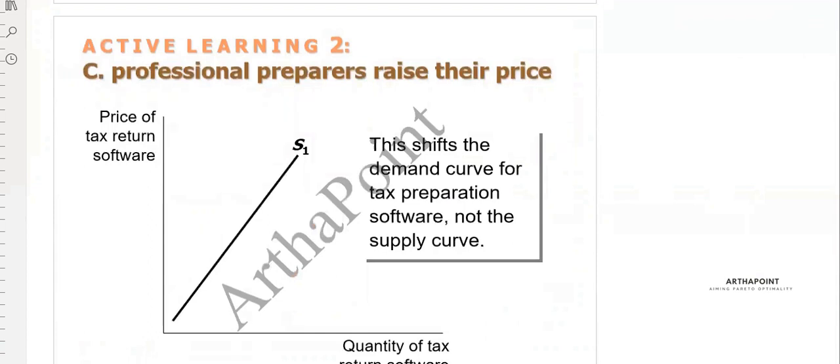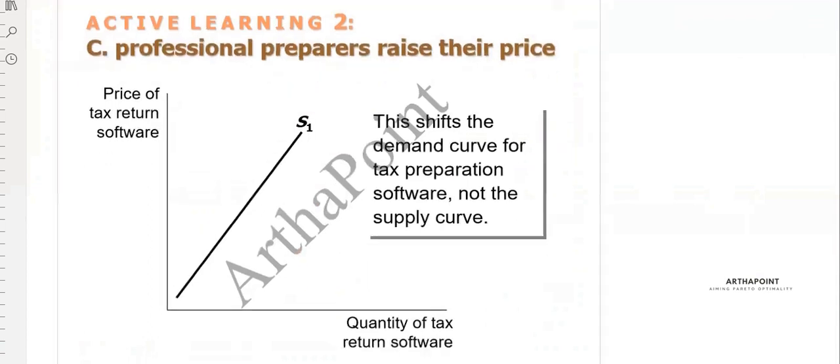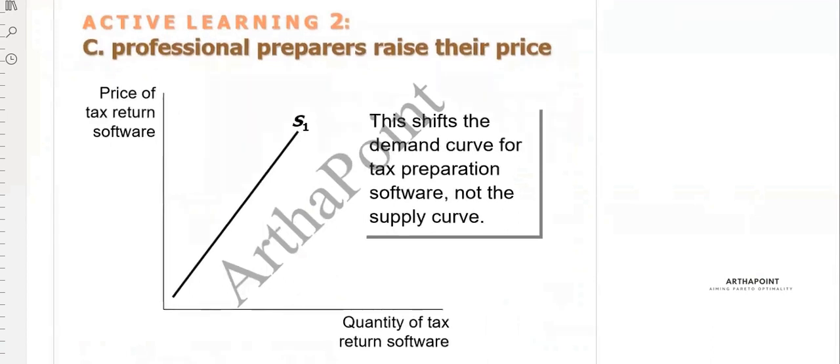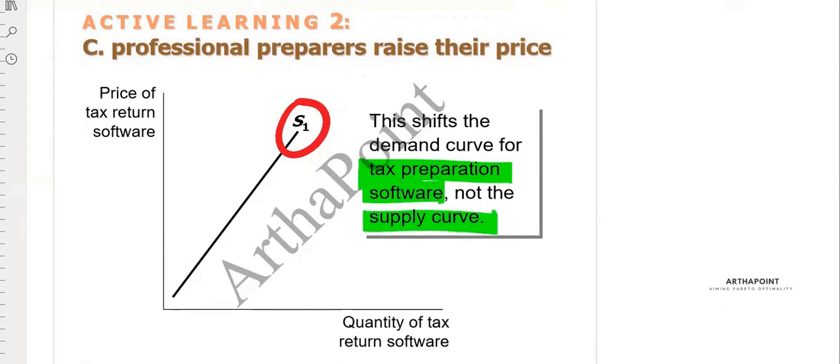The people providing the service of preparing returns are basically not related to your software. This is not going to change the supply curve at all. What is going to happen in this case? It is going to affect the demand curve. For tax preparation software, the demand will increase.